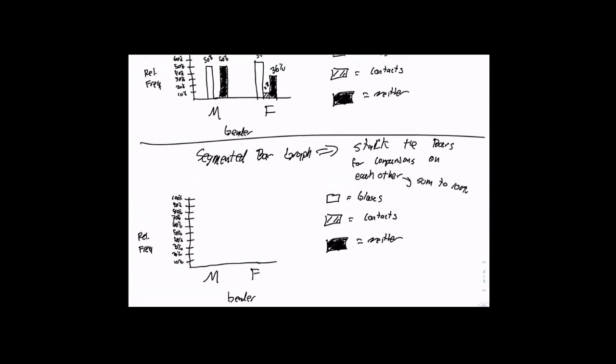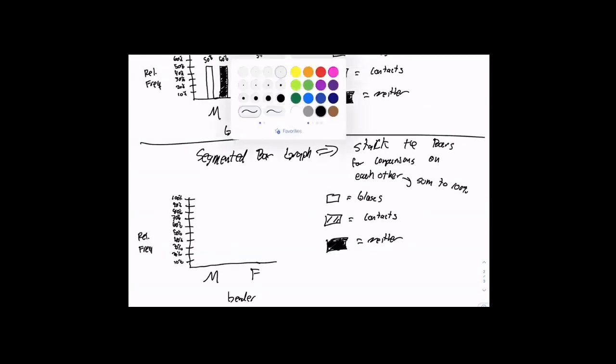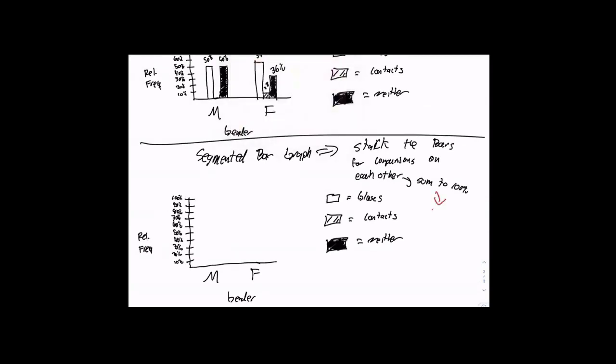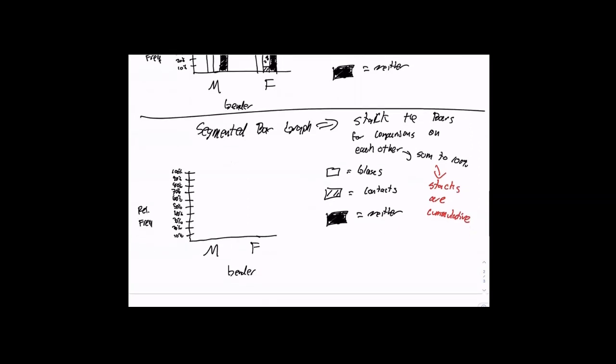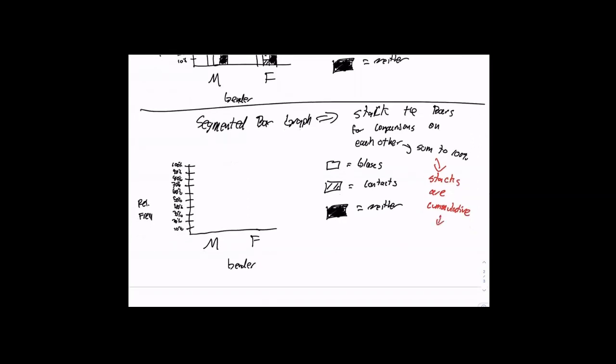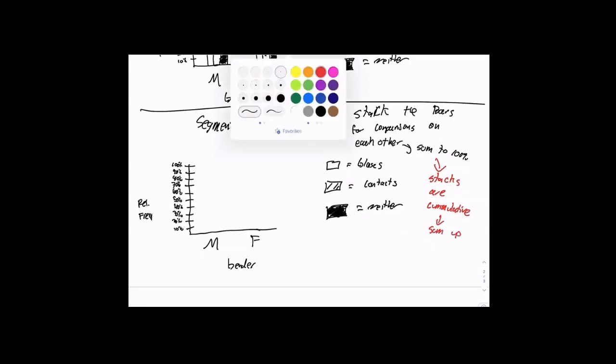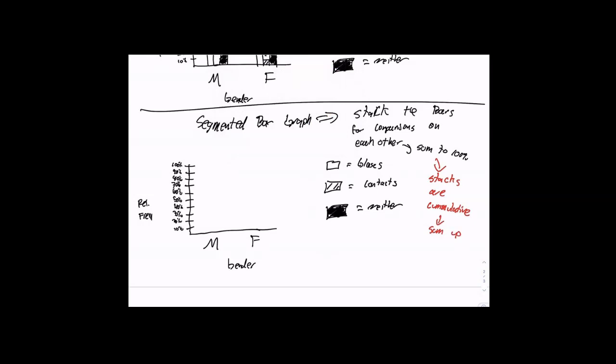Now, you got to be careful here. So remember, the stacks are what we refer to as cumulative. All right, that's a very big word, cumulative, which means that they sum up. So in my first graph, it goes to what?